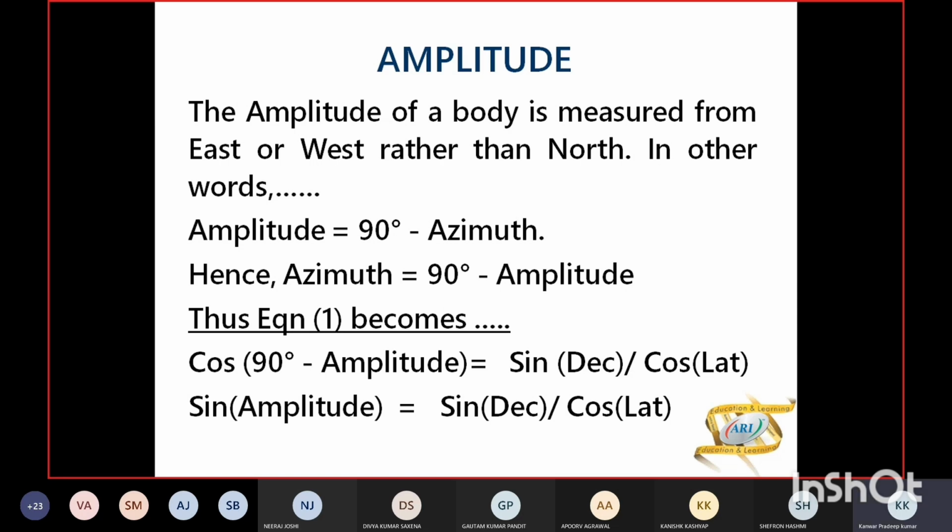Cos 90 minus theta is what? Sin theta. तो 90 minus amplitude सीधा sin amplitude बन गया. So sin amplitude is equal to sin dec upon cos lat.